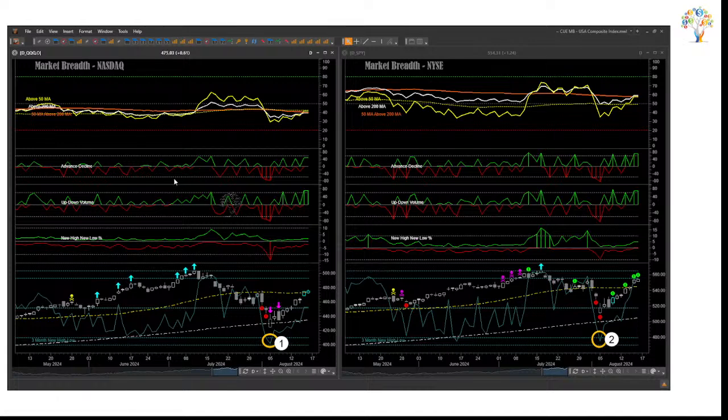Composite breadth charts. NASDAQ and NYSE, the 3-month new high low, extremely useful oscillator, works like clockwork. I show that often, you see that often, thanks to Dr. Jeffrey Scott, from whom I learned how to use it.